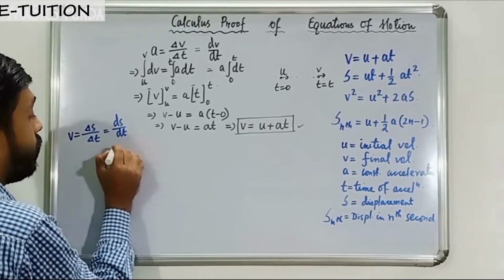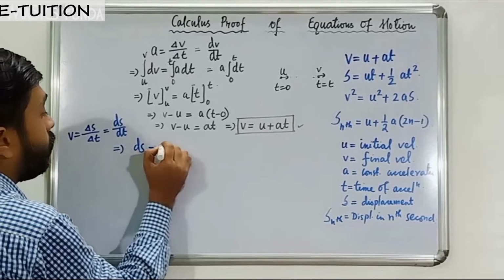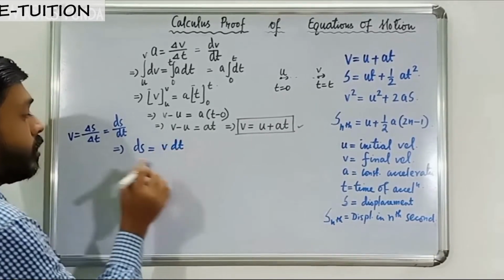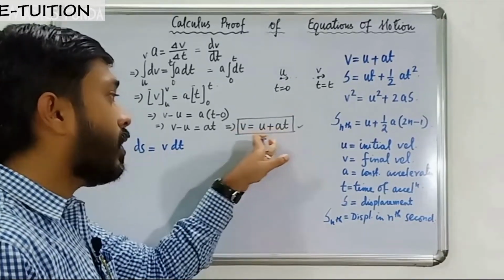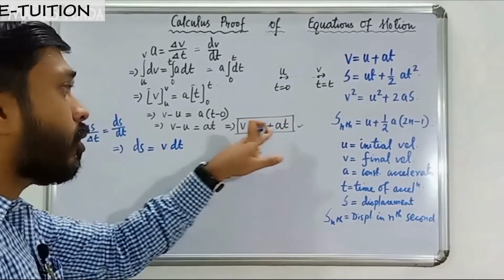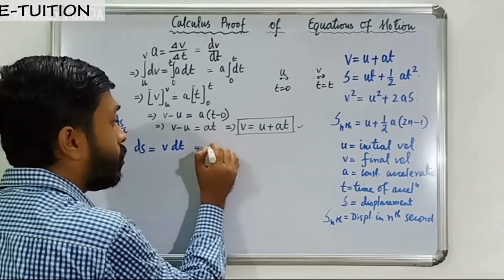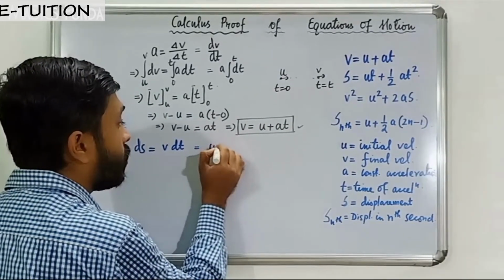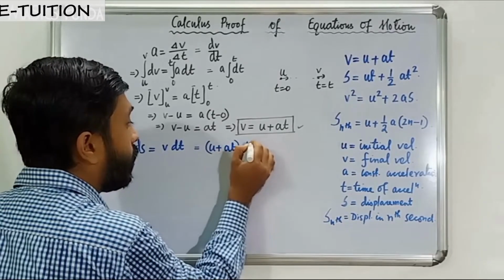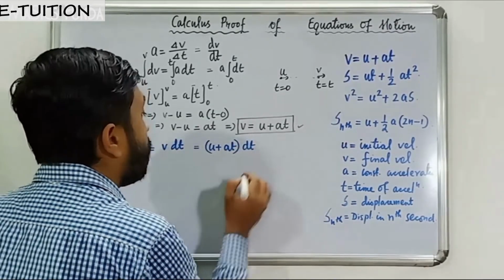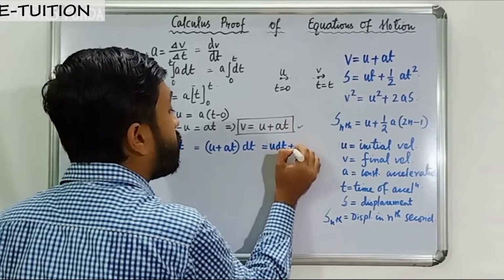From here we are getting ds equal to v dt. Right in this step all we have to do is substitute the value of v as u plus at, which we have got already in the earlier equation. That we can surely do. I hope you won't object to me doing this. U plus at multiplied by dt, so that is equal to u dt plus at dt.